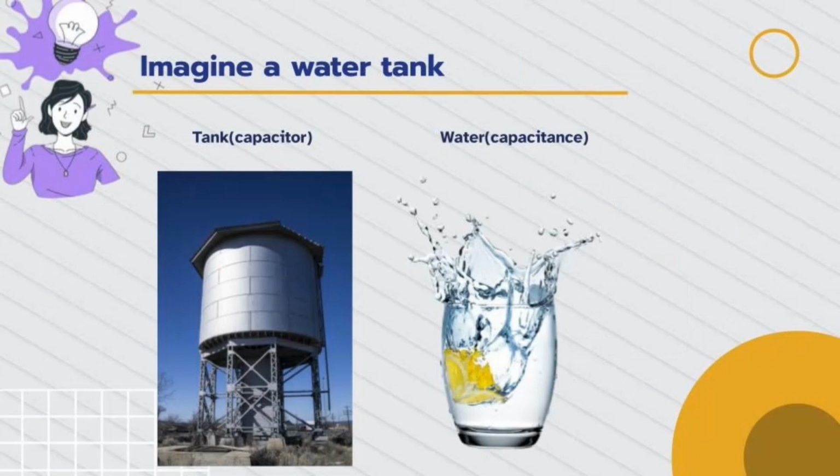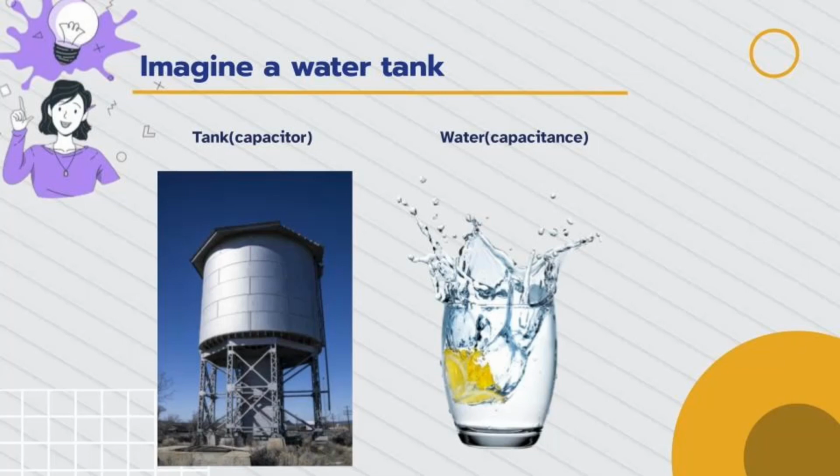Now, let's tackle how a capacitor and capacitance are related to each other. Capacitance is a fundamental property of capacitors, representing their ability to store electrical charge per unit voltage. It depends on factors such as the capacitor's geometry, dielectric material, and the number of plates. Let's give an example. Think of a capacitor like a water tank. The tank has the ability to store water, just like a capacitor can store electric charge.